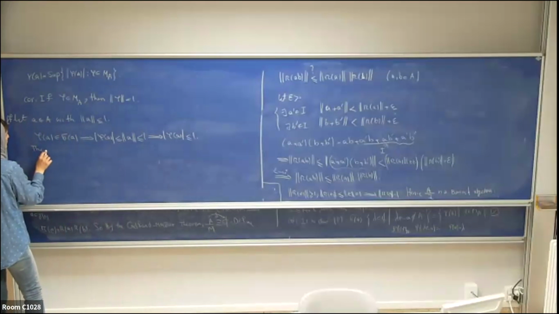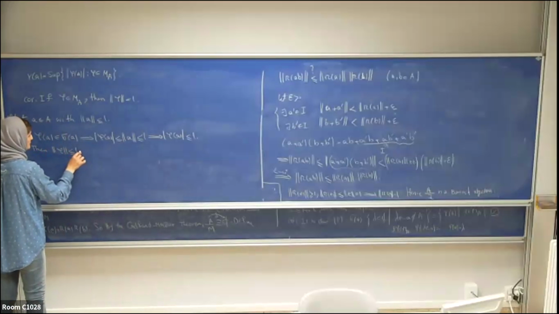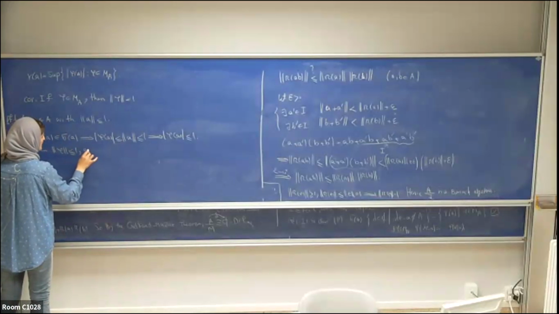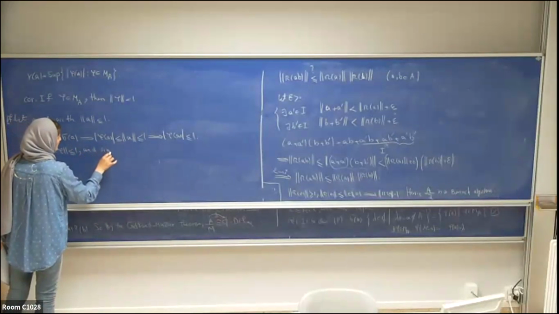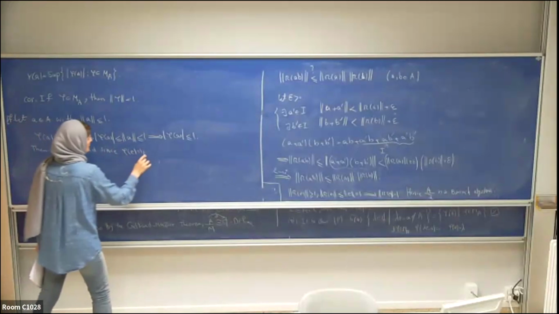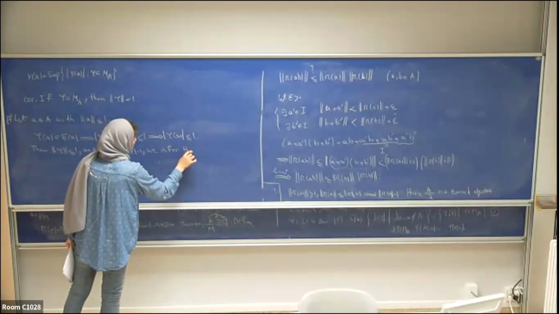Then the norm of phi is at most 1, and since phi of e is 1, we infer that the norm is 1.